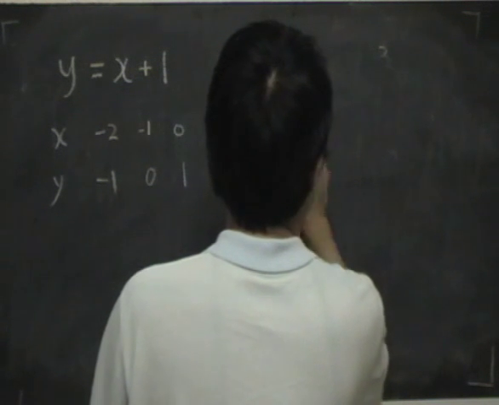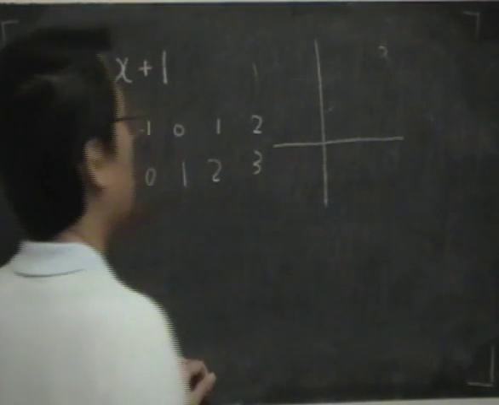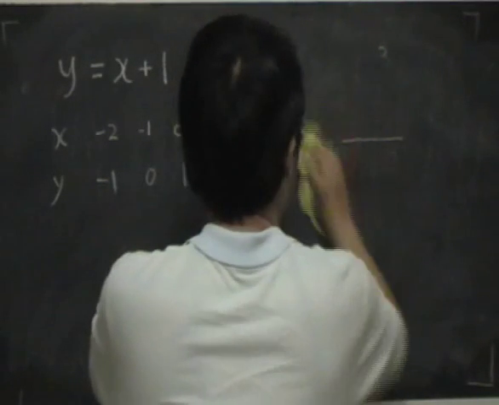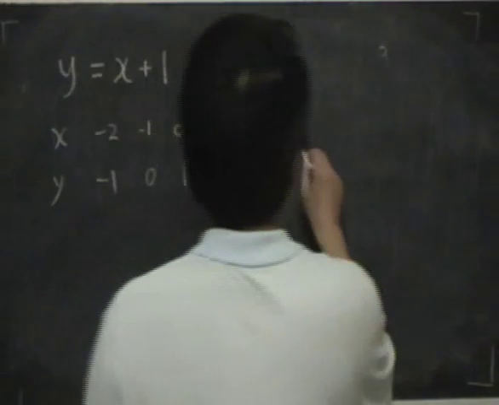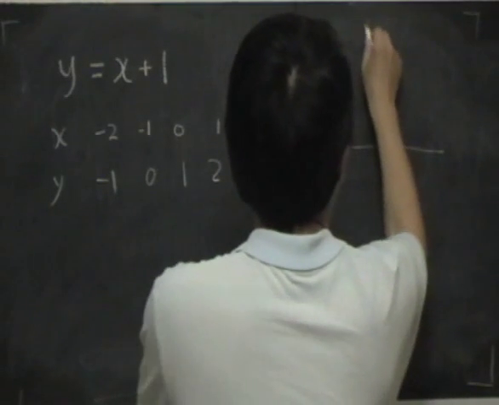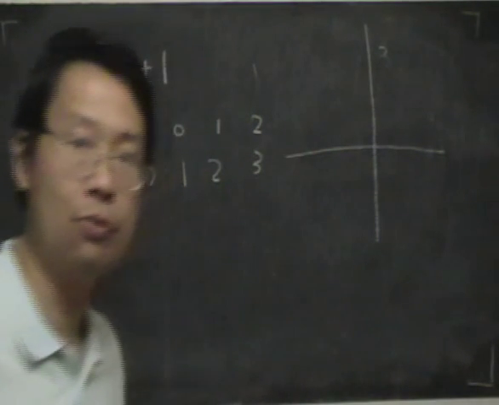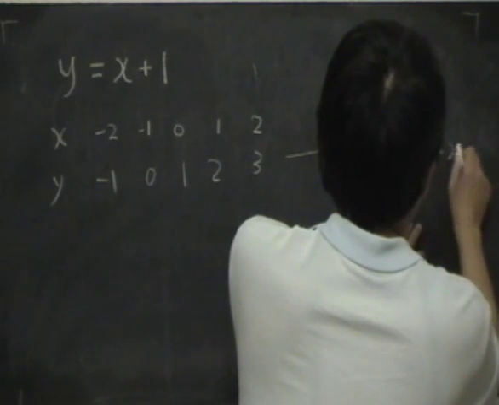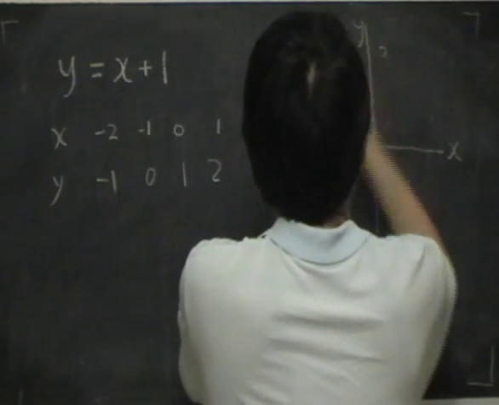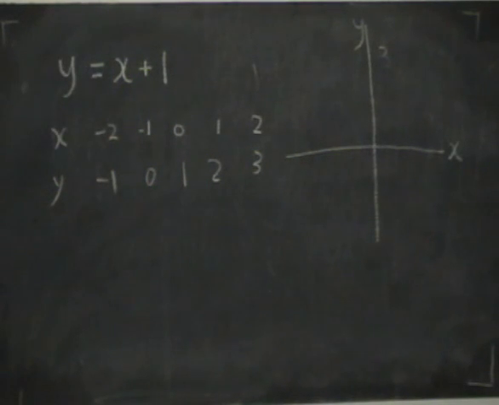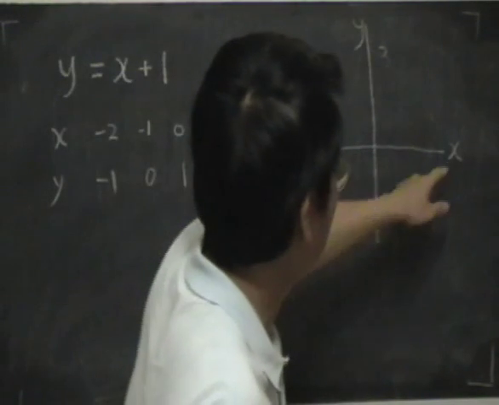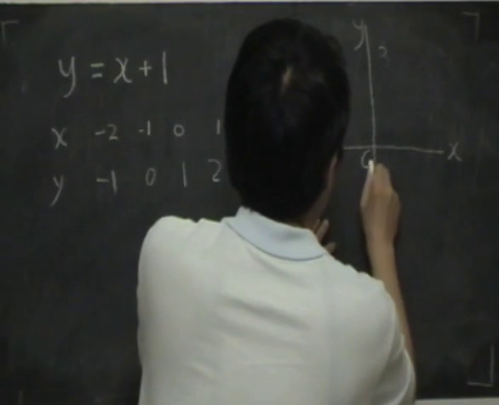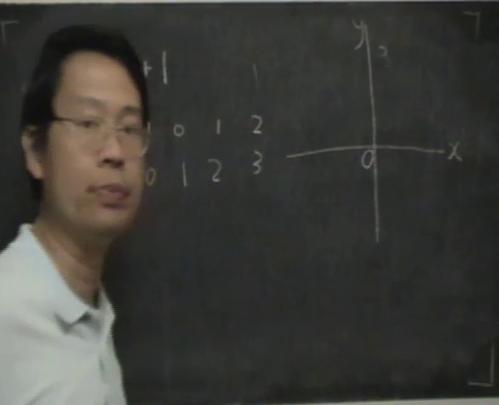So I would make two axes. Okay, show that again. So horizontal and vertical axis. Now I'll call the horizontal axis x, and the vertical axis y. Okay. Now the point where they cross, we would normally call it the origin.